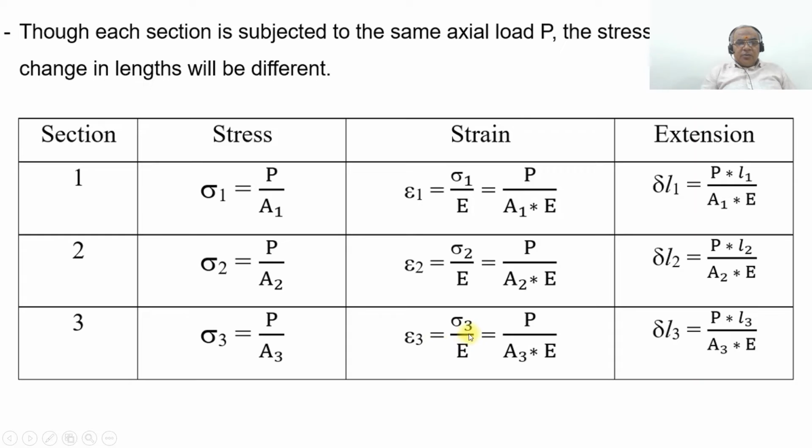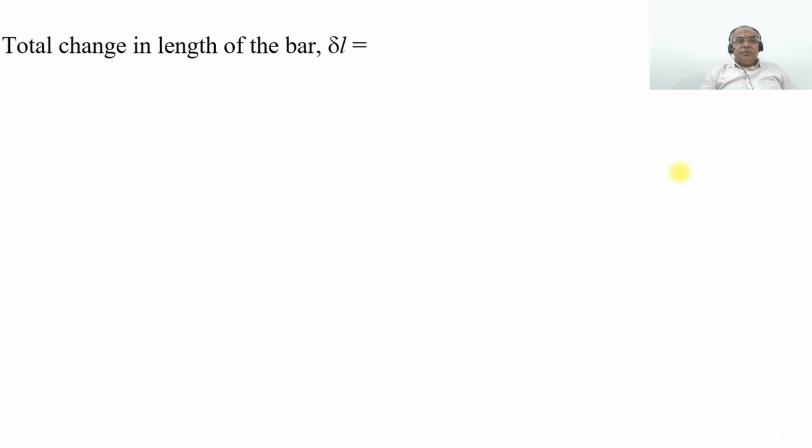Epsilon 3 equals delta L3 by L3, and epsilon 3 is also given by sigma 3 by E, so P by A3 into E. Cross multiplying, with L3 going to the top side, delta L3 equals P into L3 by A3 into E. This is how you find the stress, strain and extension for the different sections of a member of the same material, the stepped section.